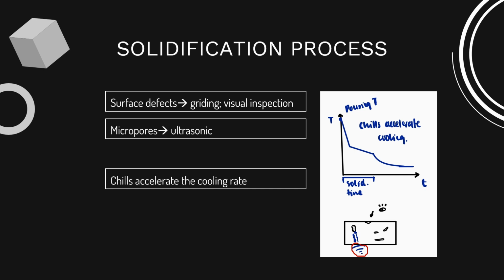And finally, you can see that I drew the temperature versus time graph, and the use of chills accelerates cooling, which means that the slope is greater in this case. And so solidification time is widely reduced in comparison, for example, with the temperature versus time graph that I showed in the titanium aluminide case of the aerospace process.